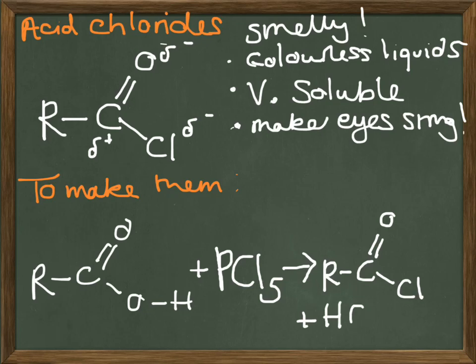Your acyl chloride is made, you get hydrochloric acid vapour being produced, and you will also get POCl3. You will always need 1 mole of PCl5 for every OH group that you want to replace with a chloride. So it's essentially the test for the OH group, but now we can use one of the compounds that we've made when we've done that chemical test.